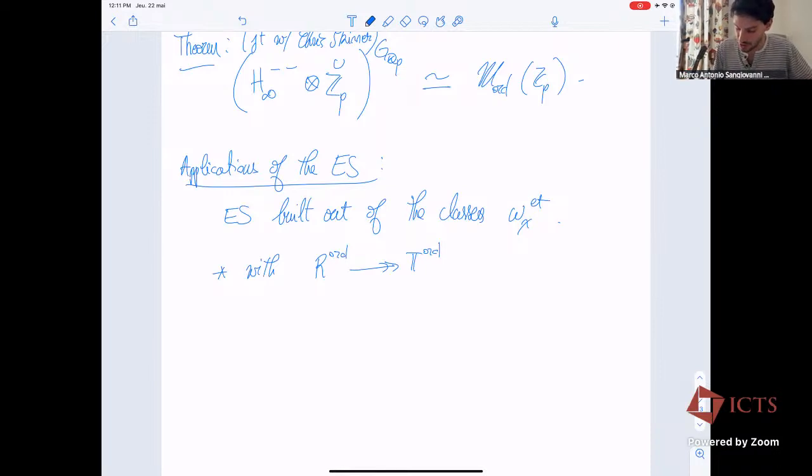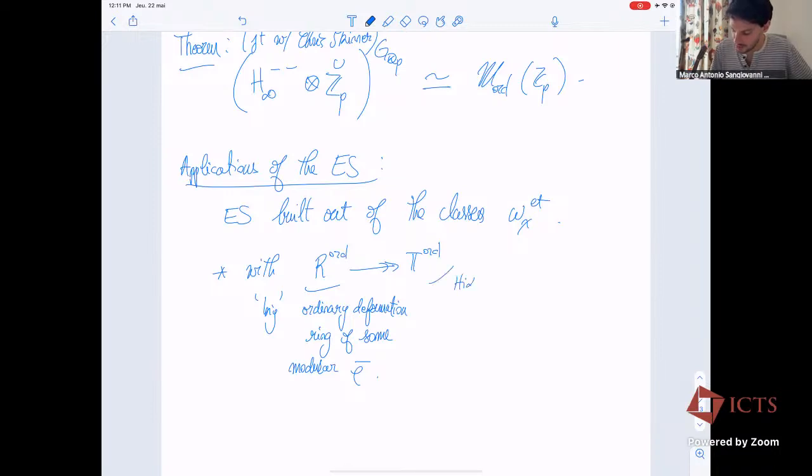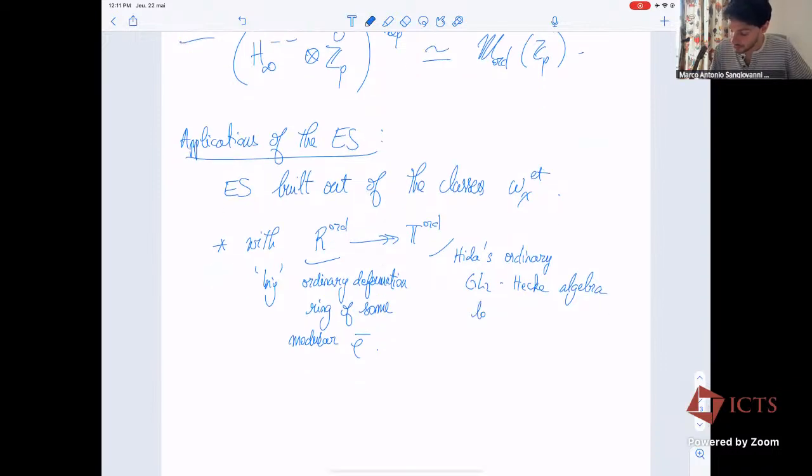So the surjection R^ord, this is the big ordinary deformation ring of some modular ρ bar, and this is T^ord, the Hida ordinary GL2 Hecke algebra, localized at the maximal ideal m corresponding to ρ bar.